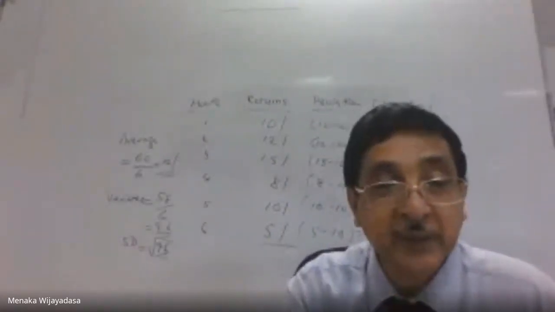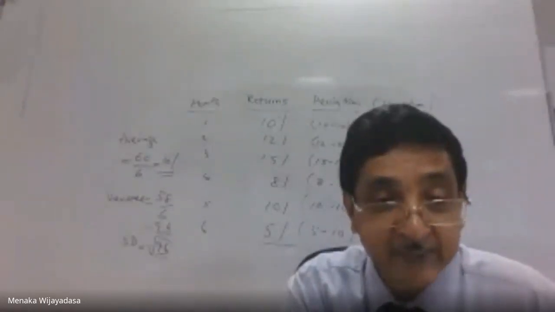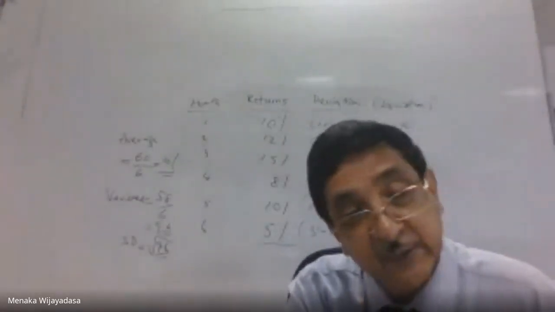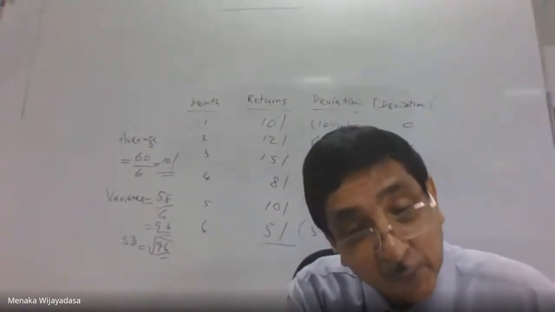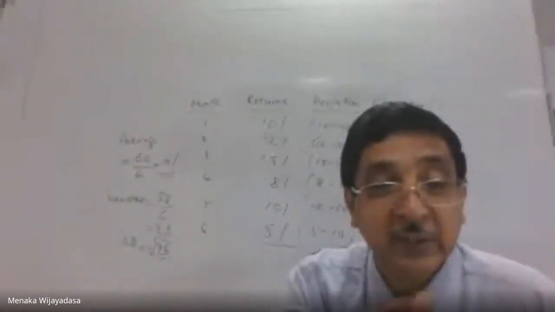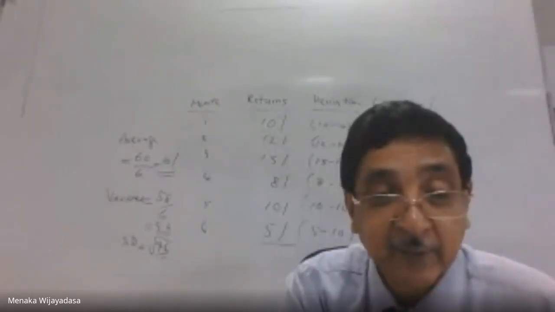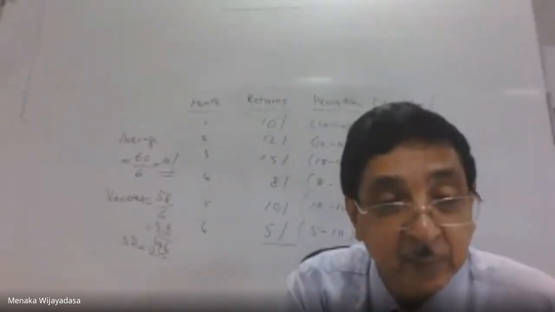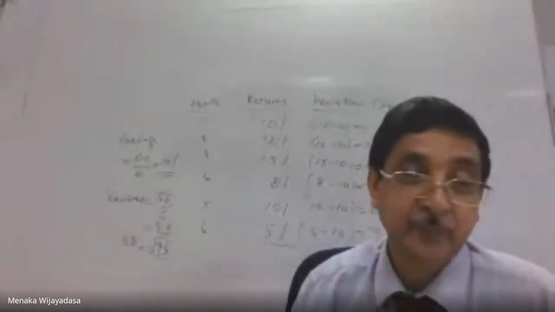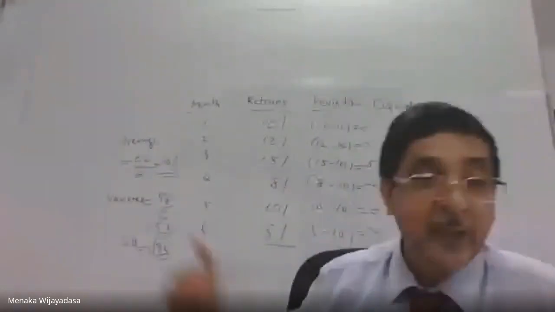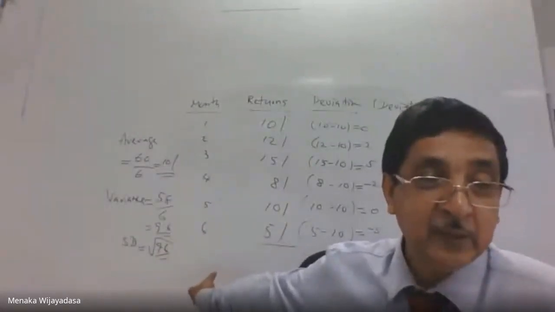Is that clear? Now you get the point. The variance or the standard deviation. Now variance is the square of the standard deviation. Standard deviation is the square root of variance. Now these figures will give an indication about the risk of the return. Now I have taken an example.